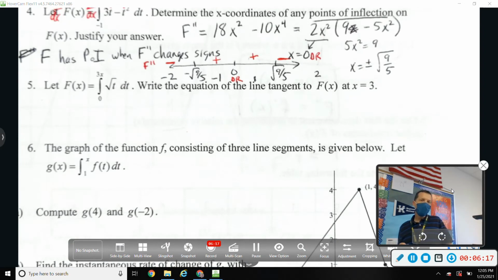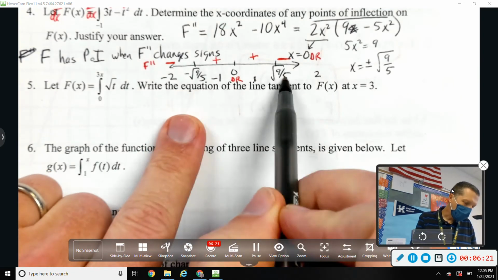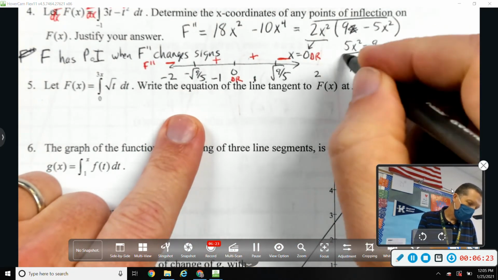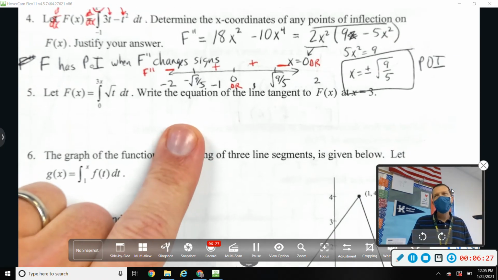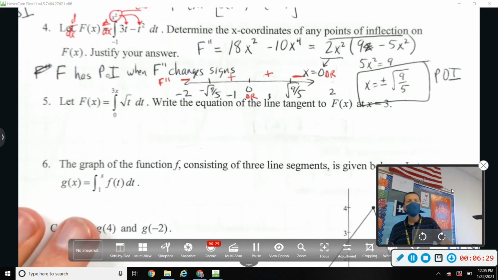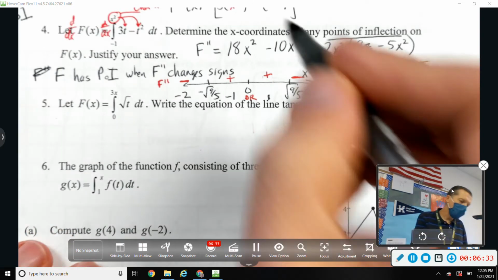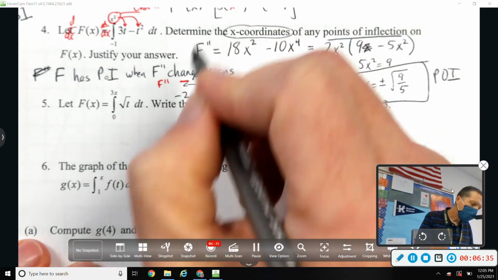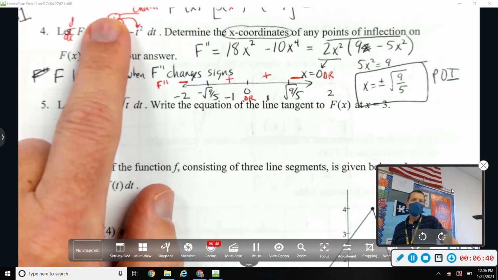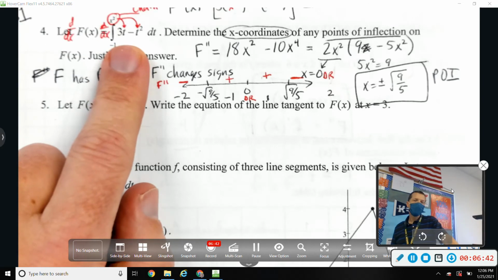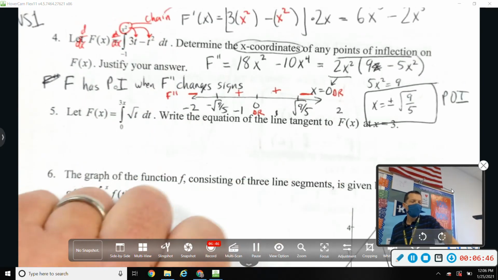So the points of inflection, the x-coordinates anyway, are plus or minus the square root of 9/5, because that's where the sign changes for the second derivative. That was kind of them to only ask for the x-coordinates, because if it had asked for the y-coordinates, I'd have to come back here and plug in the x, and then I would have had to take an antiderivative, and I could have done it, it just would have been a lot more work.